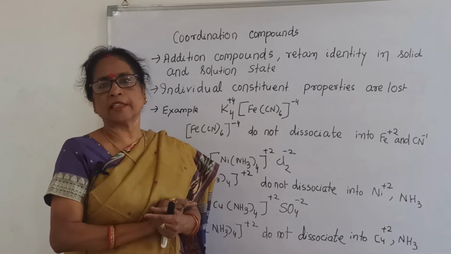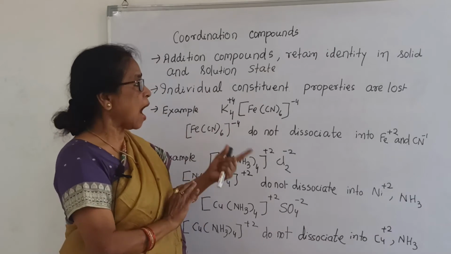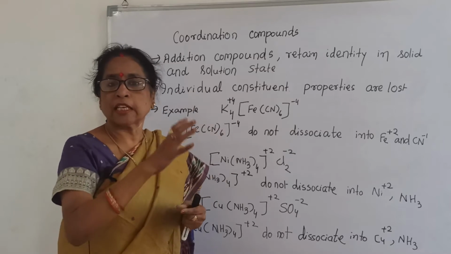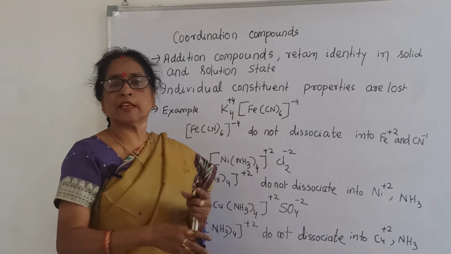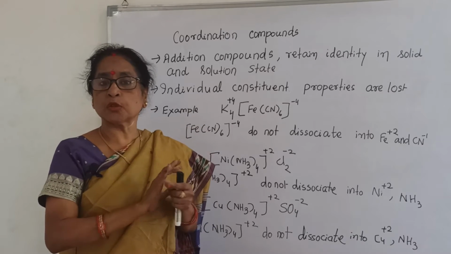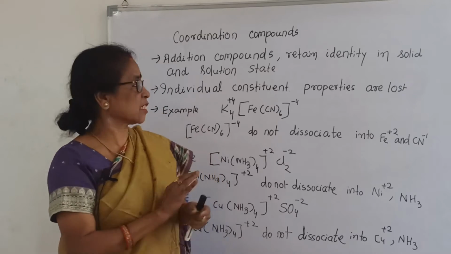Individual constituent properties are lost. Suppose inside the square bracket potassium is there, chromium is there and chlorine is there, they lose their properties. They never show any acid radical test or any base radical test.